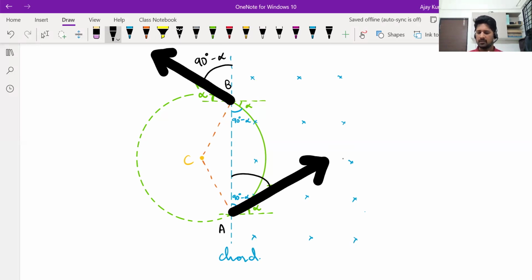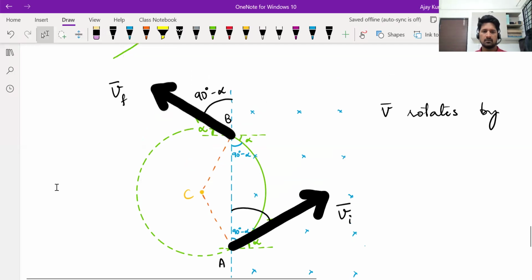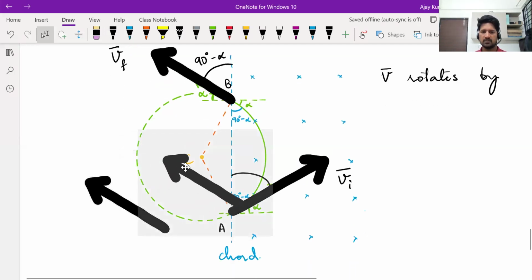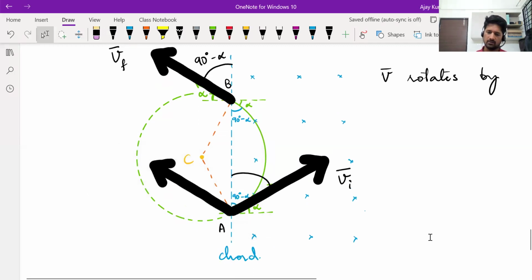So can any of you tell me by what angle the velocity vector has rotated? You can see the initial velocity vector and the final velocity vector. It would have gradually rotated from this orientation to that orientation. How much did the velocity vector rotate? Imagine them with their tails at a common point.